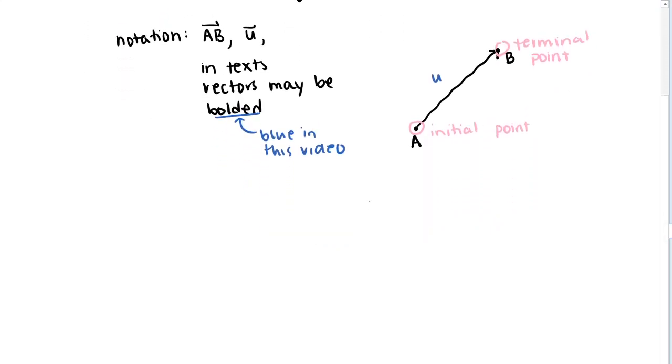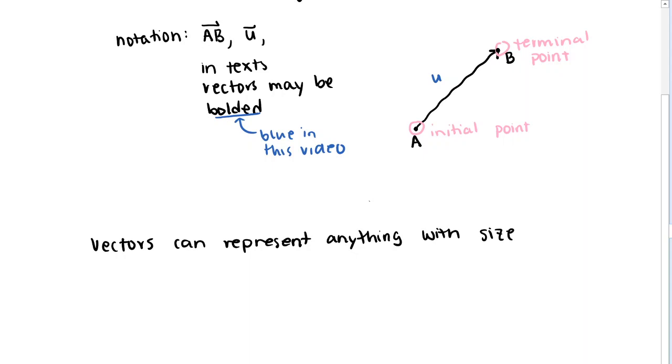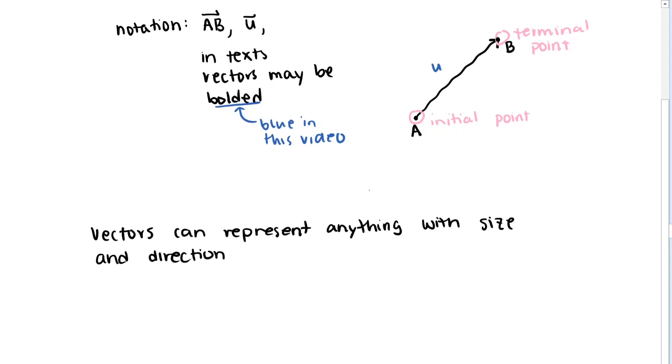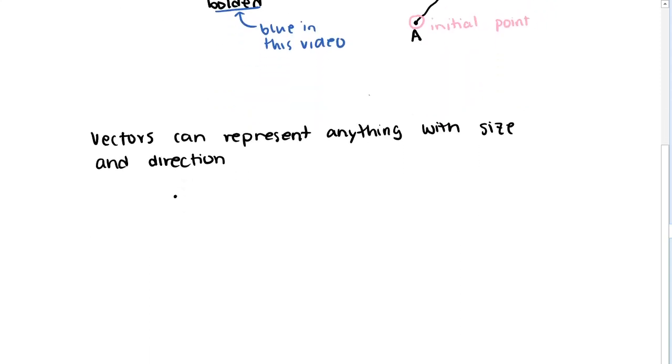Vectors can represent many different things, but typically they'll represent anything that can be described by both a size and a direction. One example that we'll definitely see in a later video is something like a plane trajectory.